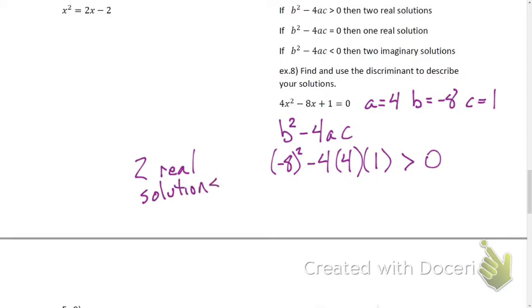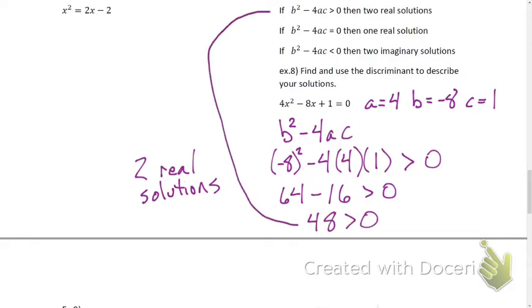But I need to see at minimum what I have written right there. I would recommend going maybe a step further. Hopefully at this point you for sure know it's positive. Maybe actually type it in. And now for sure you know it is scenario number 1, 2 real solutions. All right?